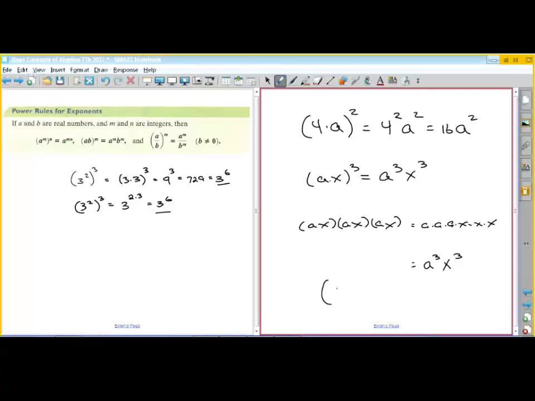And then the final one is if you have a ratio, so let's say you have 2/5 squared, that's the same as 2 squared divided by 5 squared, which is going to be 4 divided by 25.